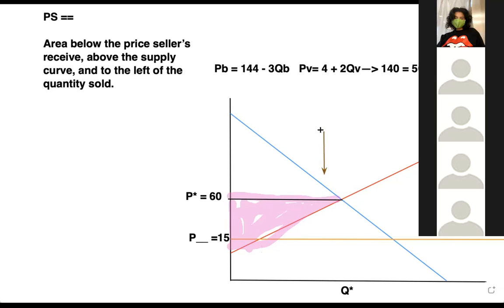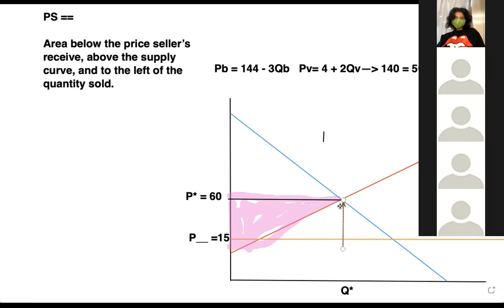And so my verbal definition of producer surplus tells me I'm talking about an area that's below this, above the supply line, and to the left of the quantity that's sold.